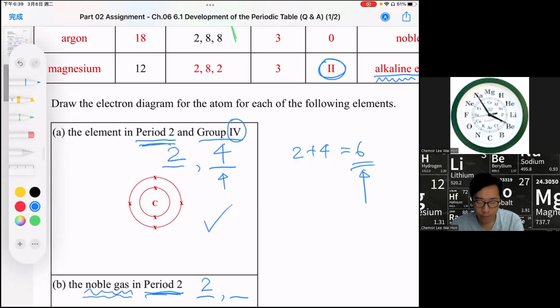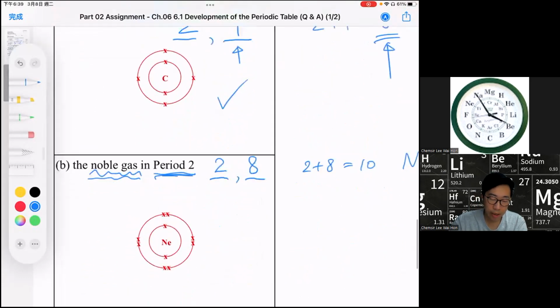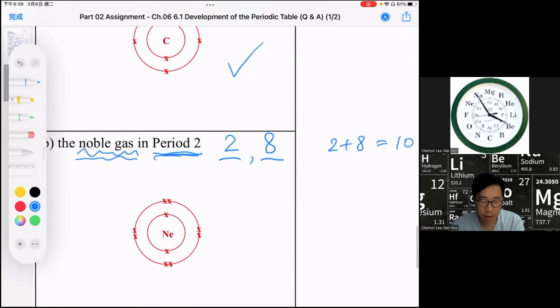So you know that in general, for an atom of a noble gas, there are 8 outermost shell electrons. So which element is this? The number 10, neon, right? So once you can identify that the element is neon, I'm sure you can draw its electron diagram like this.